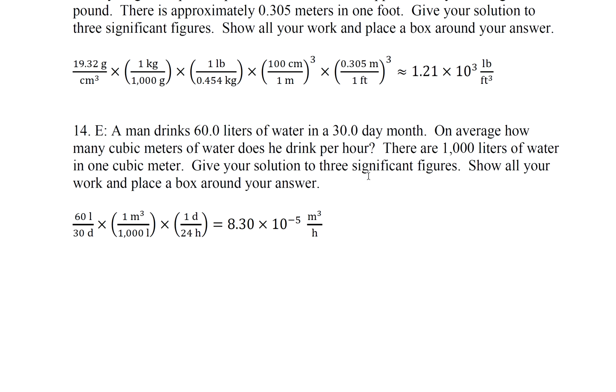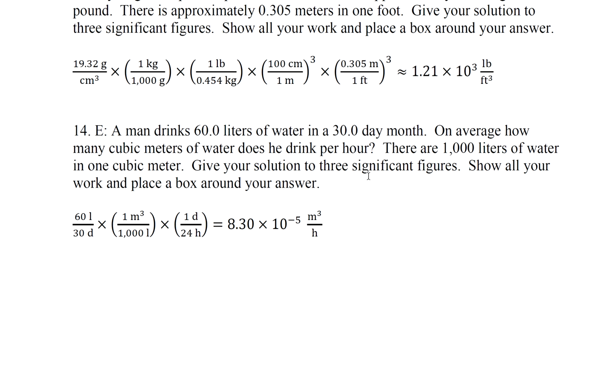Finally, question 14, a man drinks 60 liters of water in a 30-day month. How many cubic meters of water does he drink per hour? There's 1,000 liters of water in 1 cubic meter.